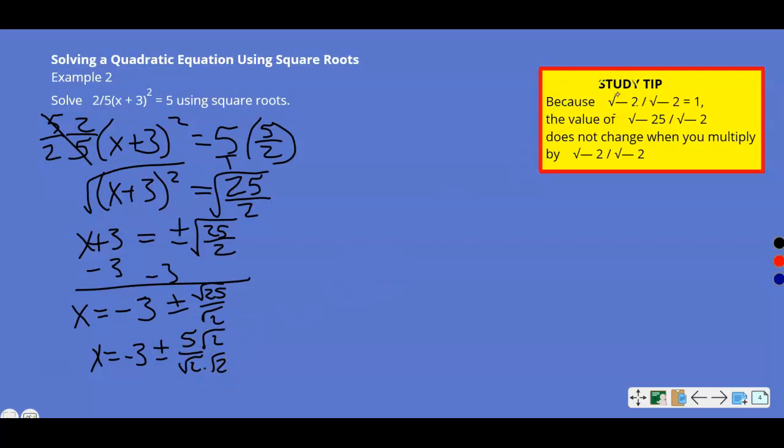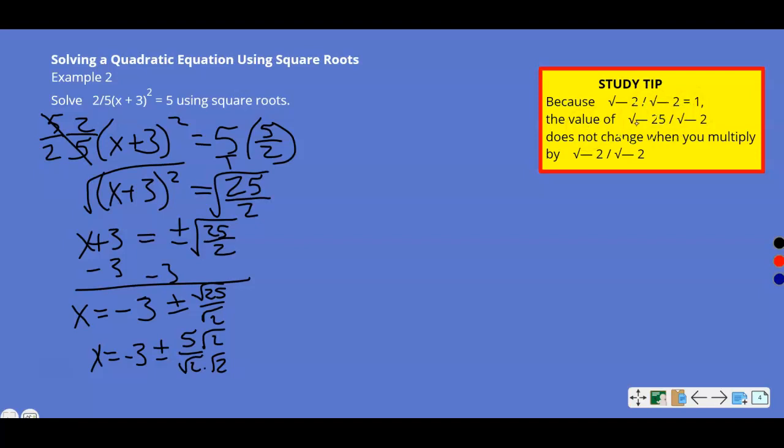You can see the square root of 2 divided by the square root of 2 looks like it has a negative. That's not a negative. That's just kind of messed up when it copied over here. This should be the bar that's on top of the square root. The square root of 2 divided by the square root of 2 equals 1.